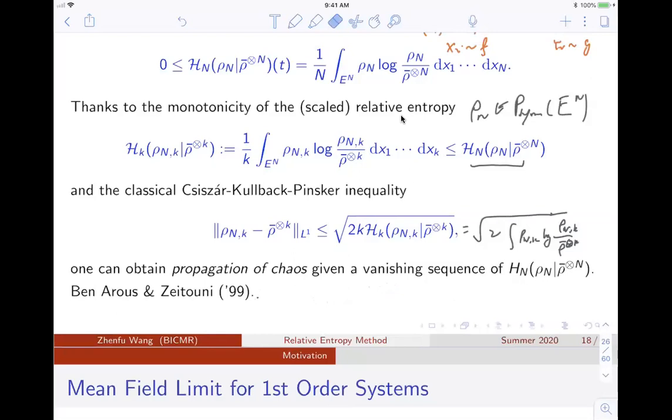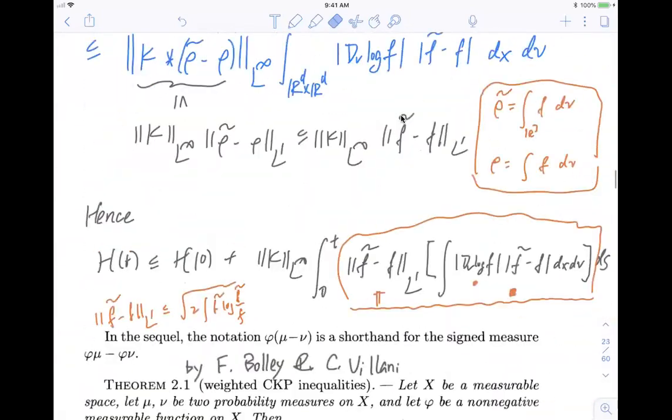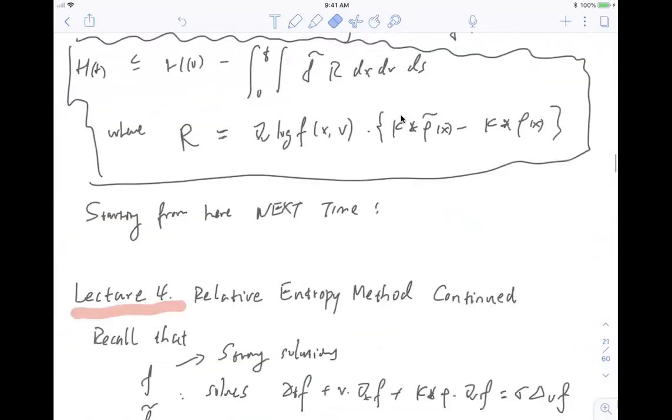Since we assume a stronger assumption initially, for instance an initial vanishing sequence of relative entropy, we expect that we can get stronger convergence compared to Keck-Scales. So let me just remind you what we did last time.